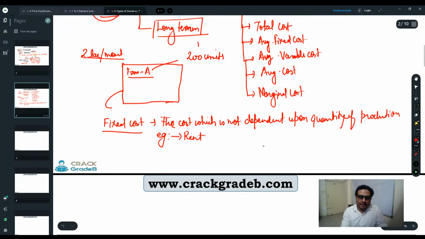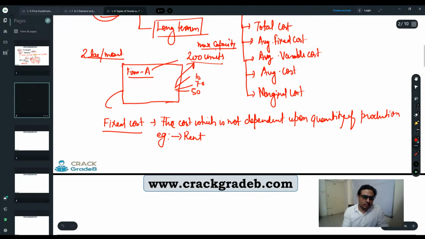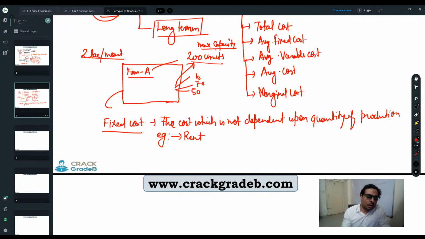But even if they are producing only 50 or 70 or 100 or even 200, it doesn't matter. They must pay this 2 lakh rupees rent. So rent always comes under the category of fixed cost, right?